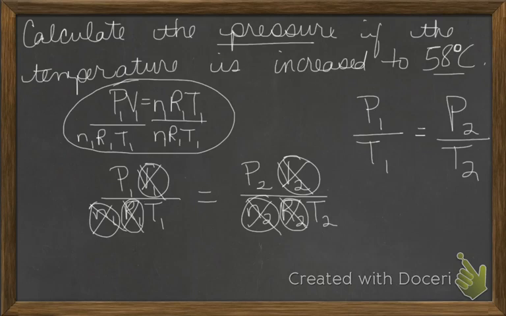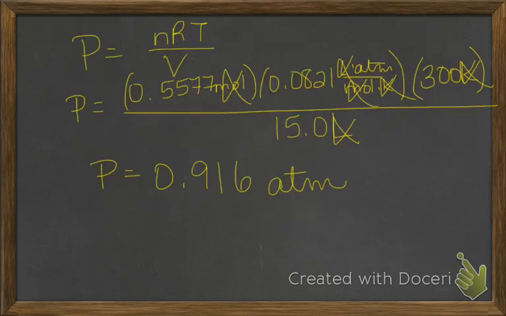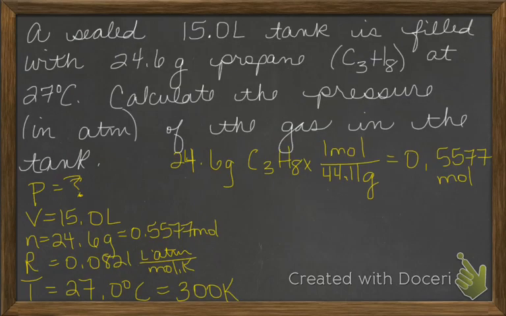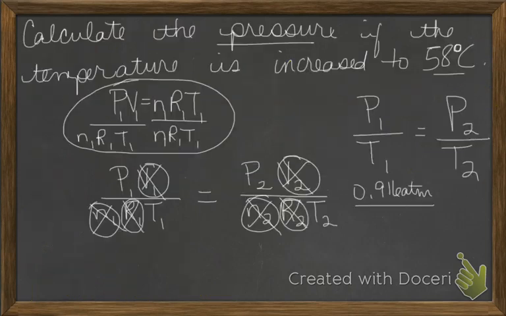What is P1? The original pressure is 0.916 atmospheres. What is T1? We were told in the original problem the initial temperature is 27 degrees Celsius, which we calculated to be 300 Kelvin.